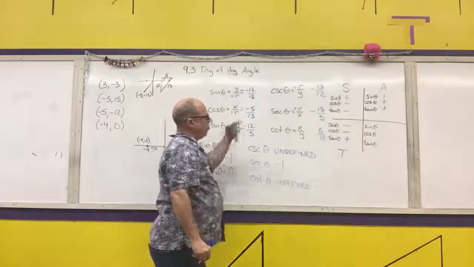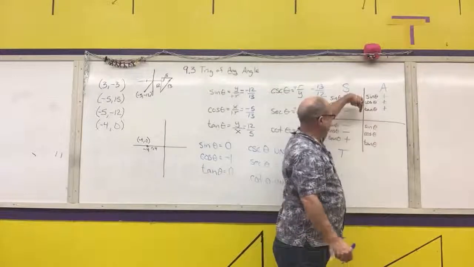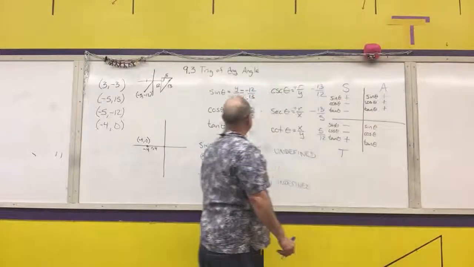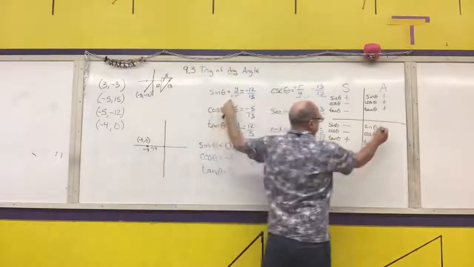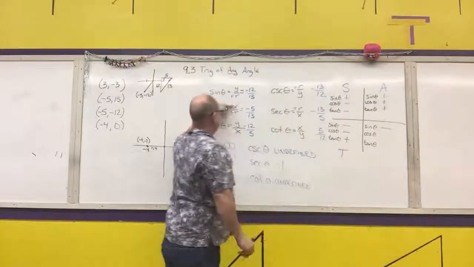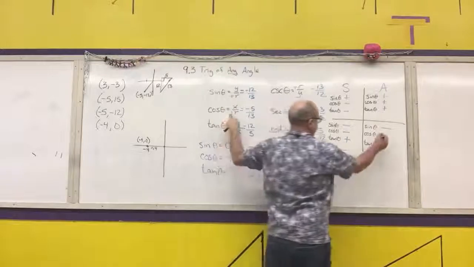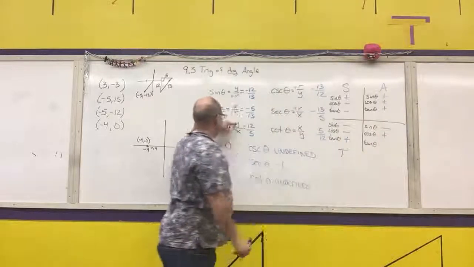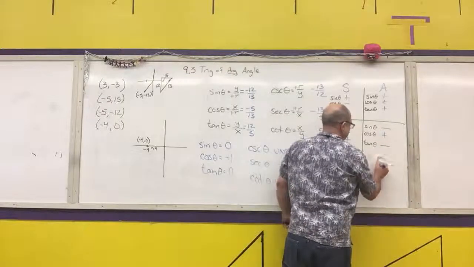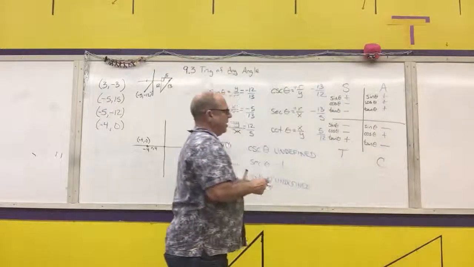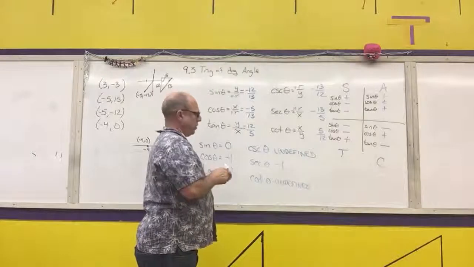For quadrant 4, x's are positive, y's are negative. So negative over a positive is a negative. Positive over a positive is a positive. And negative over a positive is a negative. So cosine is positive in quadrant 4.